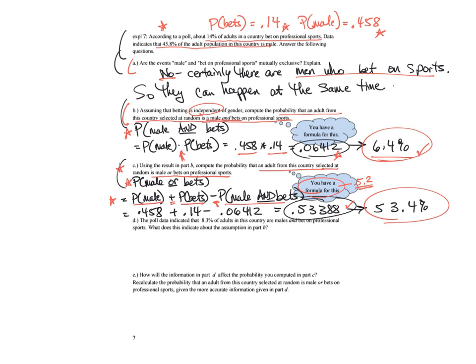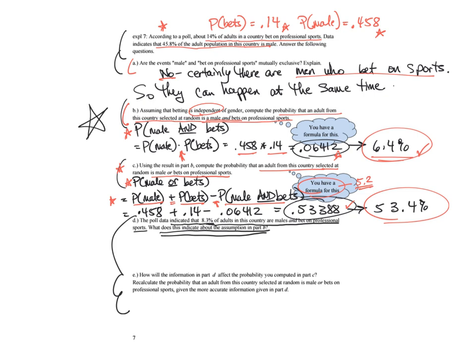Now, here is an interesting idea going on here, and D and E are linked together. D says, the poll data indicated that 8.3% of adults in this country are male and bet on sports. What does that indicate about the assumption in part B?